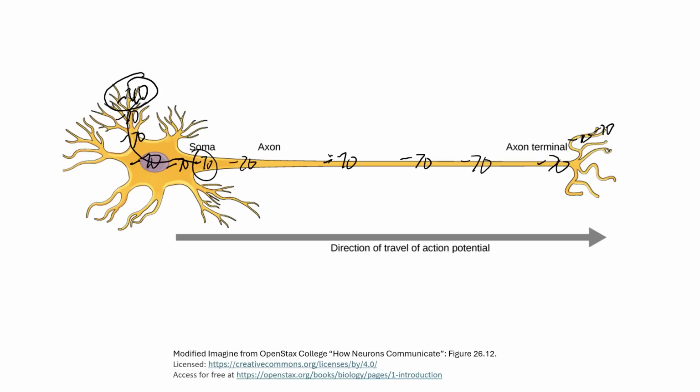Inside of the axon hillock, it would still be negative 70 as it always is. All we've done so far in our discussion is we have depolarized one portion of one dendrite that is part of the postsynaptic neuron.